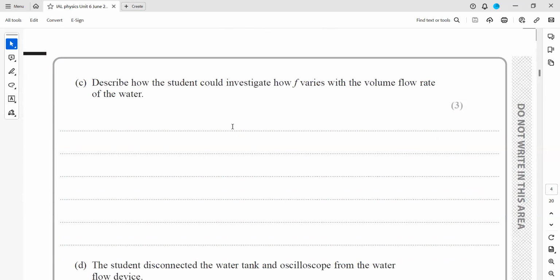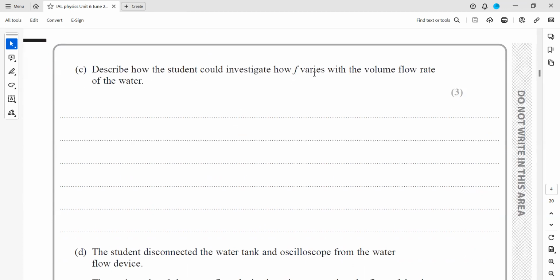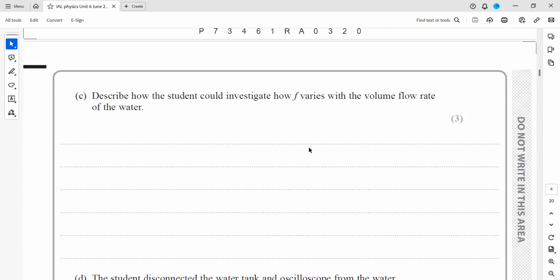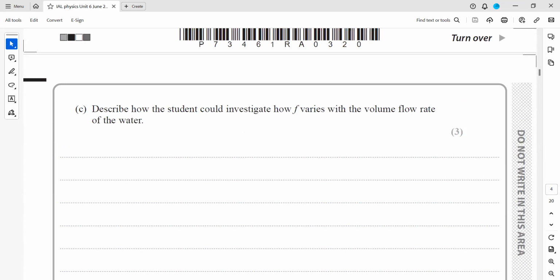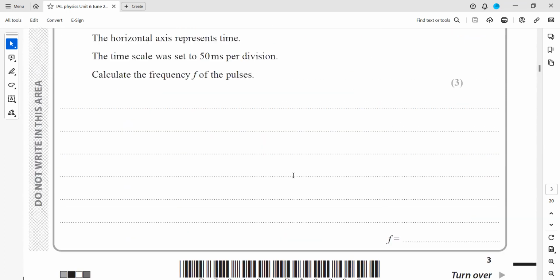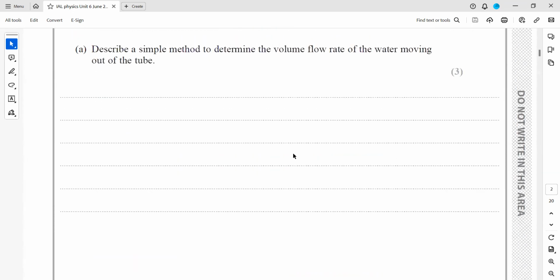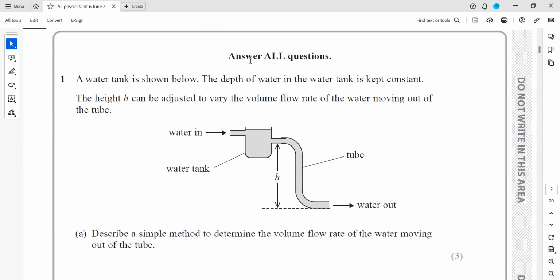Then describe how the student could investigate how the frequency varies with the volume flow rate, like how f can vary with the volume flow rate. So we want to investigate these two factors. As you can see from the beginning, the volume flow rate depends on the height. So the volume flow rate itself will not change.